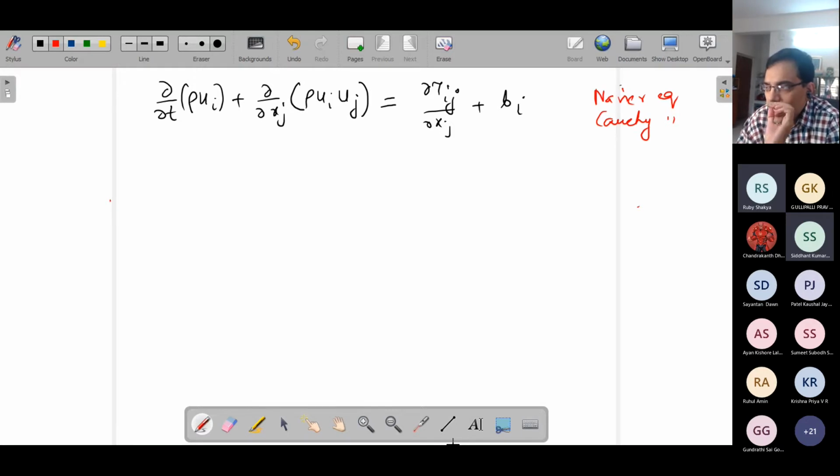Now at the end, why do we require all these equations? We require all these equations because we want to solve for the velocity. This is what is required. So let us just give a recall to all of us that the objective is to solve for velocity: u1, u2, u3, the three velocity components.